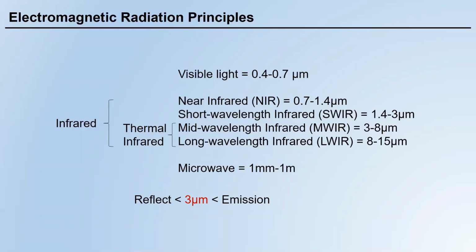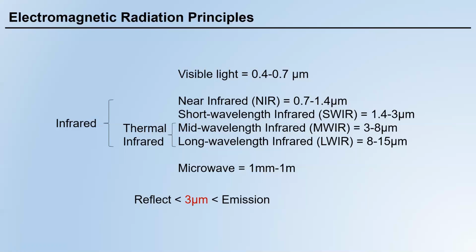It was emitted by an object itself, since that object has temperature, has thermal energy. So usually, if the infrared wavelength is longer than 3 micrometers, we consider that this EMR is emitted by an object with temperature.